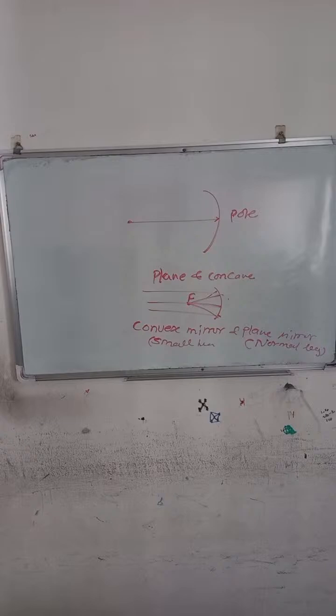Write down the next question. For the same angle of incidence in media P, Q, R, the angles of refraction are 45 degrees, 35 degrees and 15 degrees respectively.